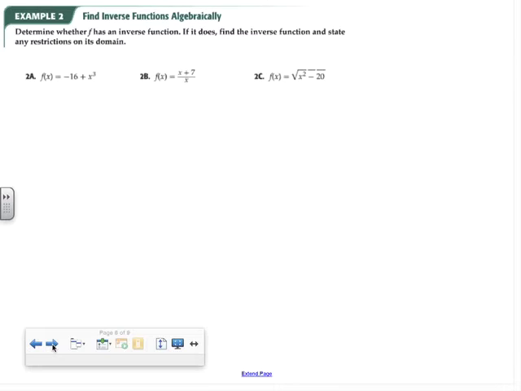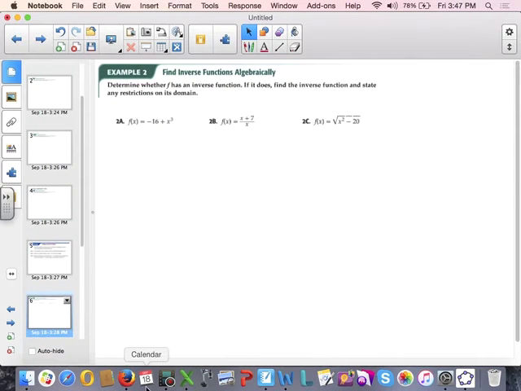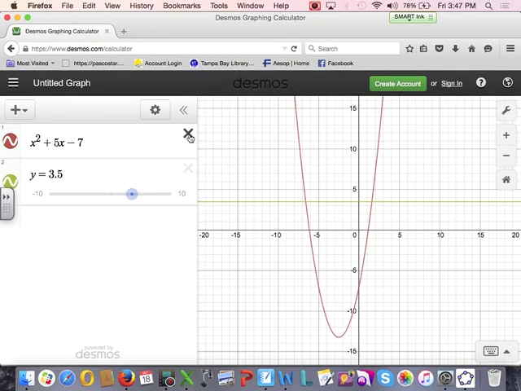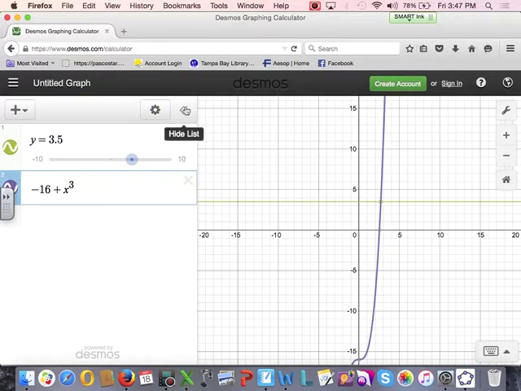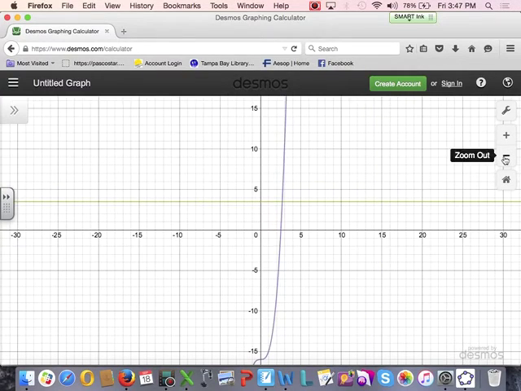So we're going to determine whether something has an inverse function, and then we'll find the inverse function. So negative 16 plus x to the third. This is our graph. I still have my horizontal line here so that I can test it.